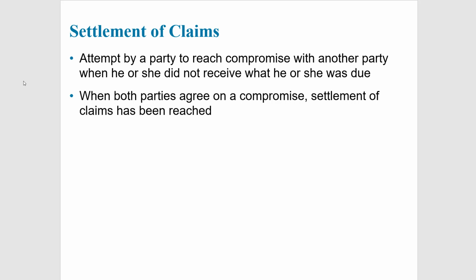We can have a settlement of claims where the parties sit down and come to some kind of agreement to go ahead and settle the matter and get it behind them. A lot of times this settlement is going to end up with one or more parties getting less than they were actually due, and they agree to the settlement just to get as much as they can, and not take the risk of getting less than that or maybe even nothing.